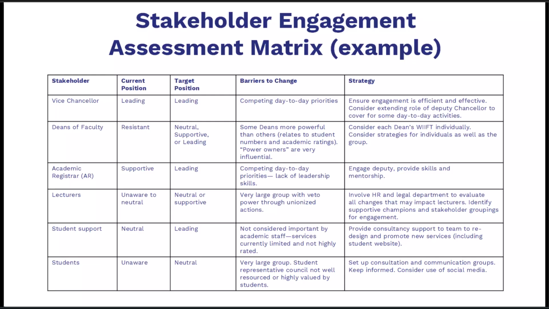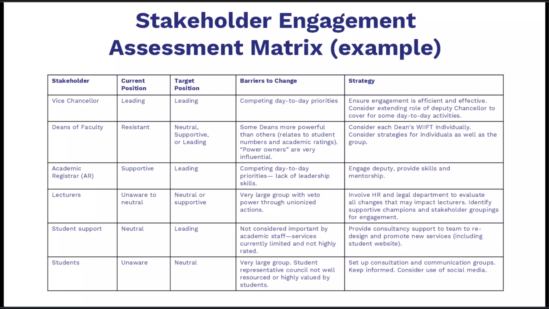You diagnose where each party stands today, define a realistic target state, such as neutral, supportive, or leading. Name concrete obstacles like time pressure, power dynamics, skills gaps, or low perceived relevance, and then choose tailored actions that address those obstacles.